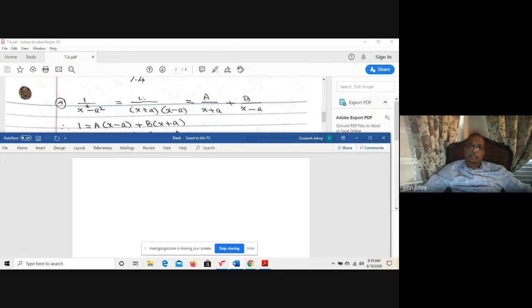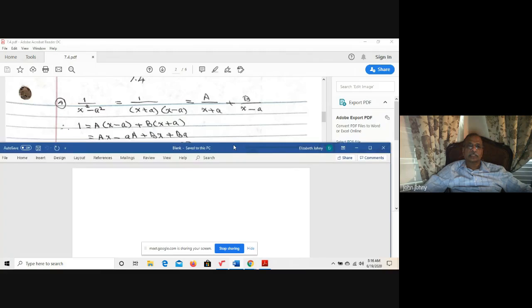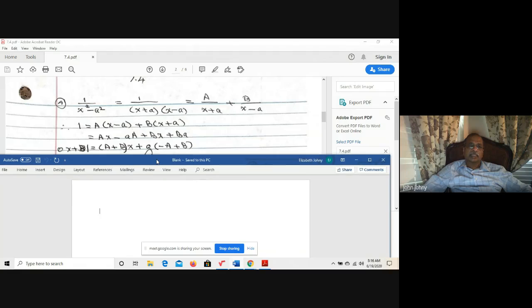When you multiply the left side, x plus a times x minus a cancels, leaving 1. When you multiply the right side, in the first term x plus a cancels, leaving A times x minus a, and in the second term x minus a cancels, leaving B times x plus a. Now distribute: capital A x minus small a times capital A, plus Bx plus small a times B, and combine like terms.